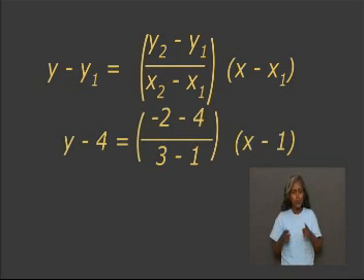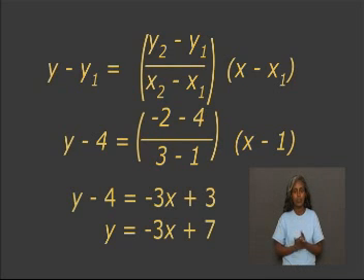When we substitute the x, y coordinates from points P and Q, we find the equation of the line to be y equals negative 3x plus 7.